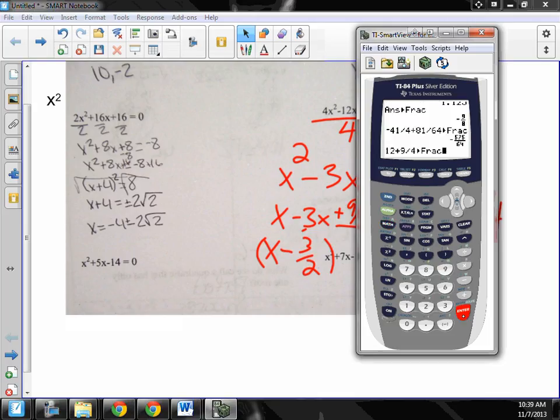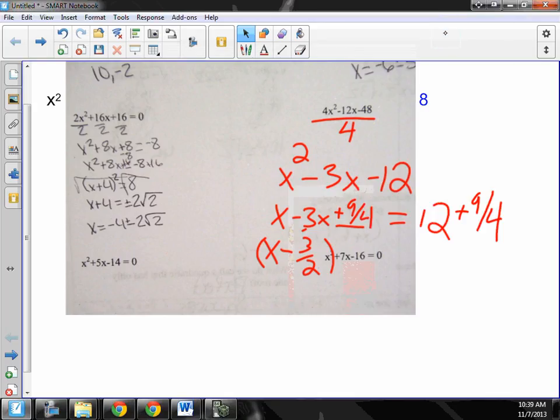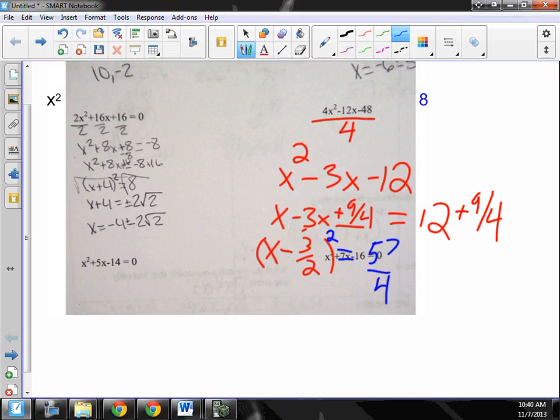So I want to turn my answer to a fraction, which is 57 over 4. Did you not get that? Did I do it wrong? Oh, okay. So this equals 57 over 4. Now I take the square root.